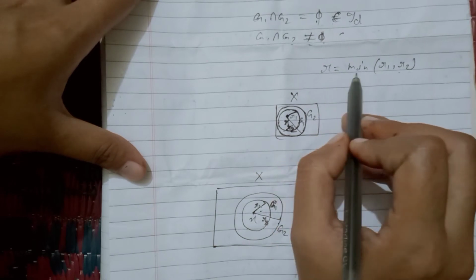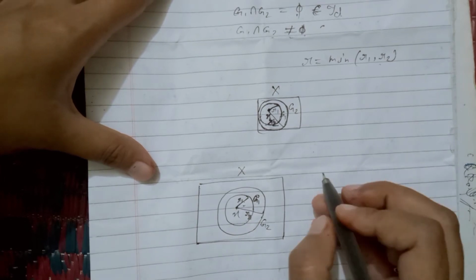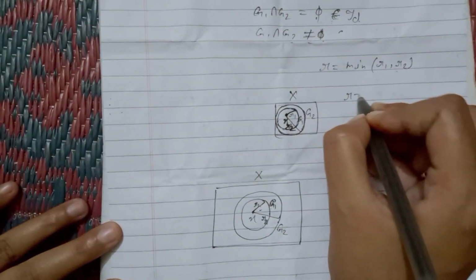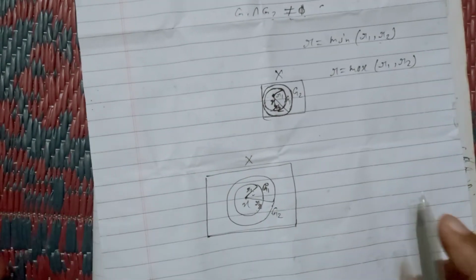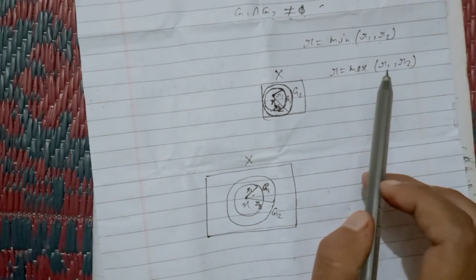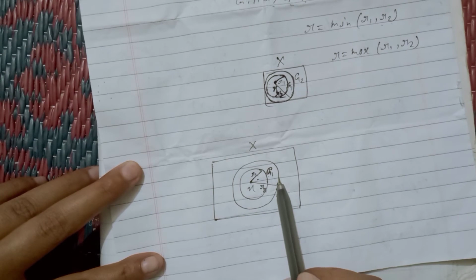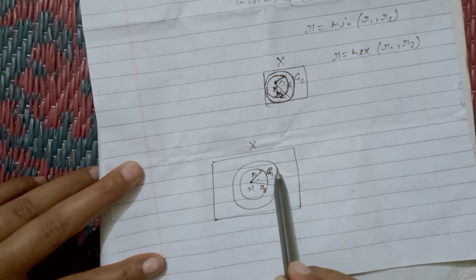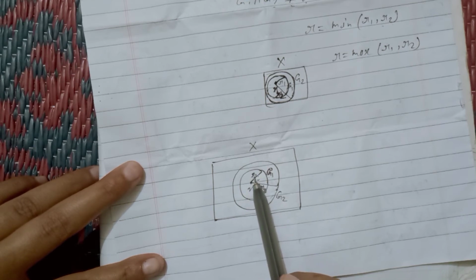Now why are we taking the minimum of R1 and R2? Students, suppose I take R equal to the maximum of R1 and R2. Then what will happen? This is an open sphere of largest radius R2, and this is an open sphere of smallest radius R1.